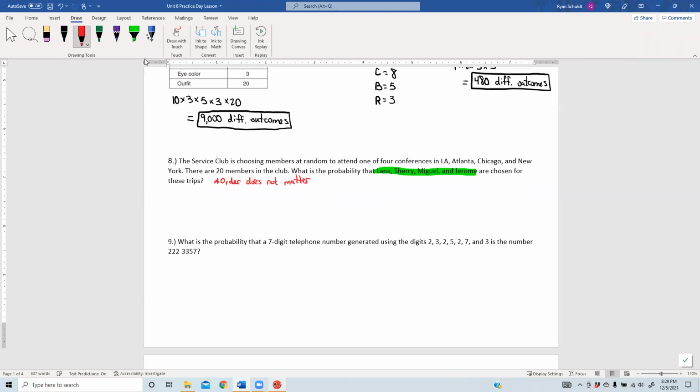And then can one person go on 2 trips? No. So this is going to be without replacement. So now we have order does not matter and it's without replacement. This combined makes it a combination.